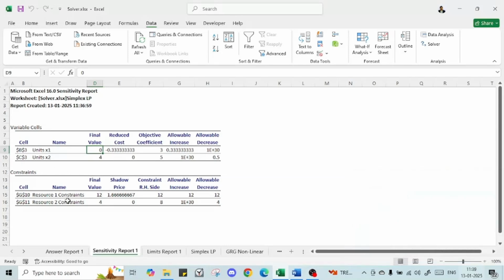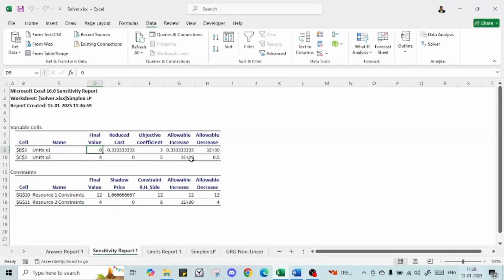Coming to the constraints, the final values are 12 and 4, and the constraint right hand sides are 12 and 8. Here it says that each unit of increase in the right hand side of the constraint will affect the profit by this much amount.